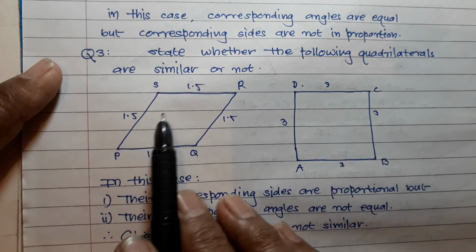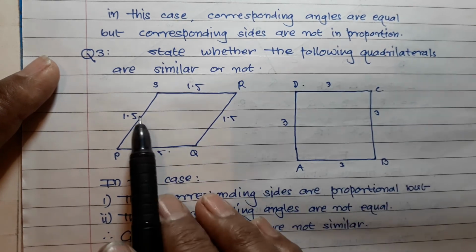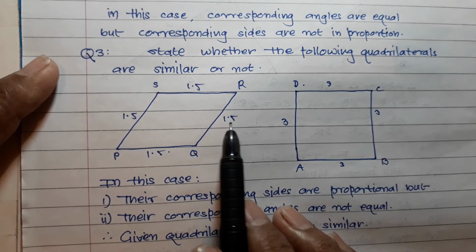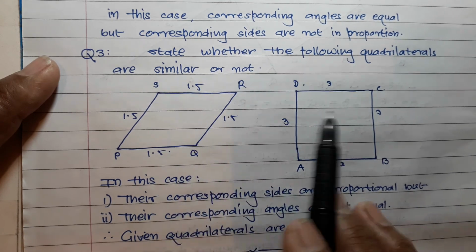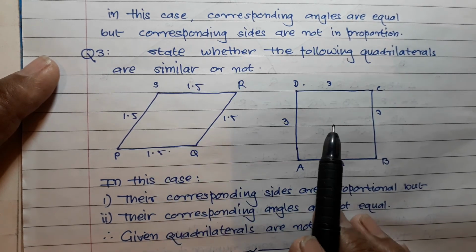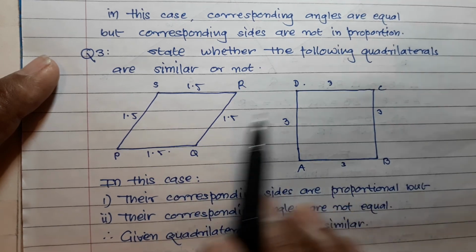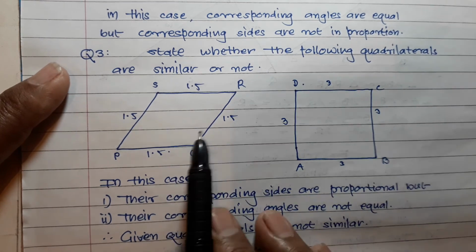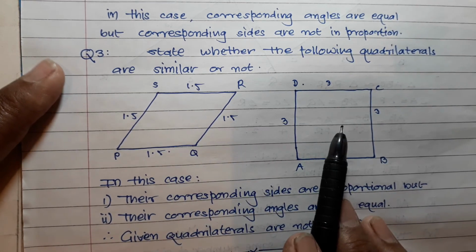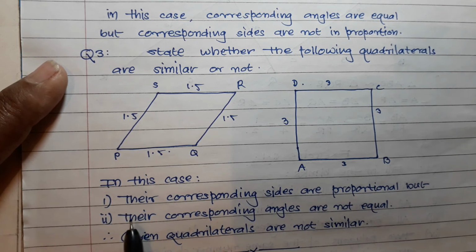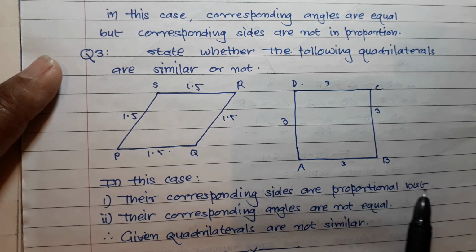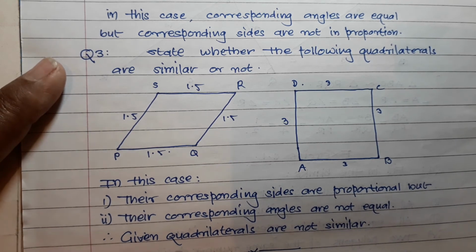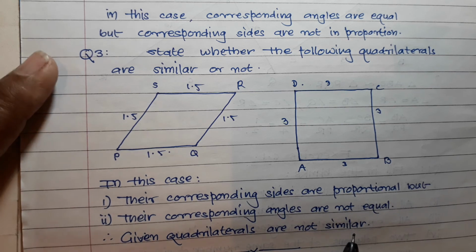Okay, now in this case their sides are in proportion, because 1.5 upon 3, 1.5 upon 3, 1.5 upon 3 and so on. So sides are in proportion, but their corresponding angles are not equal, and hence these figures are non-similar. Okay. In this case their corresponding sides are proportional, but their corresponding angles are not equal, and therefore given quadrilaterals are not similar. Okay.